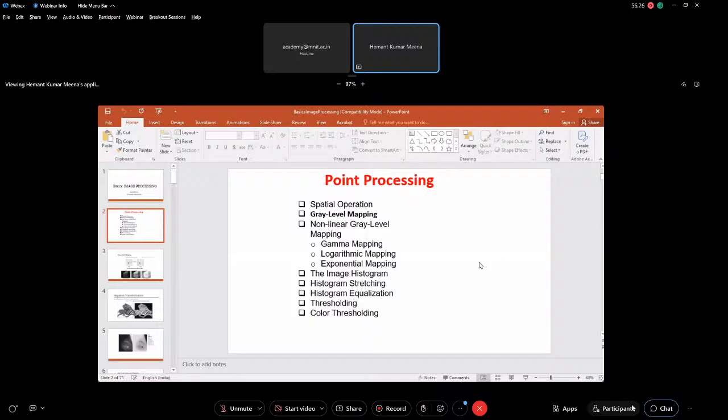We also take the threshold in the image when we have to create a boundary, and color thresholding. These are the main areas that deal with the application part of the image. Our main emphasis in this workshop is the application, how we can translate our concepts to the application level.